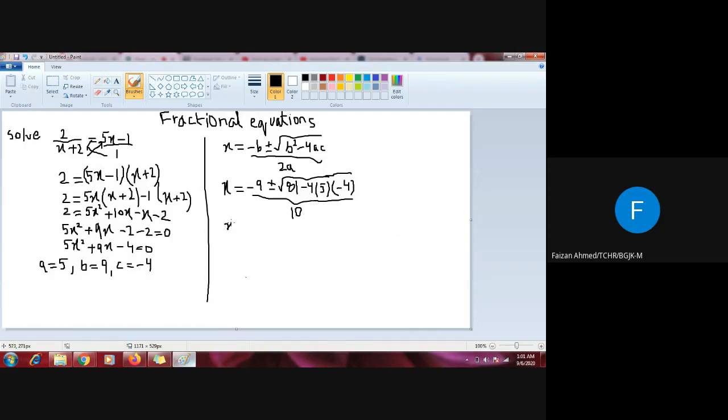Now I will simplify it. x will be equal to minus 9 plus minus the square root of, and since I have two negatives, they will become positive. This minus and this minus will be positive, and 4 times 5 is 20, and 20 times 4 is 80, so I will write 80 directly.